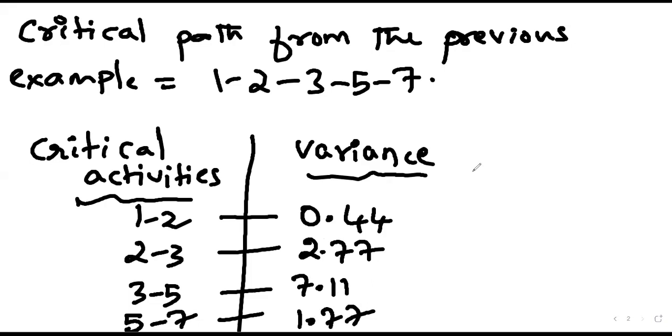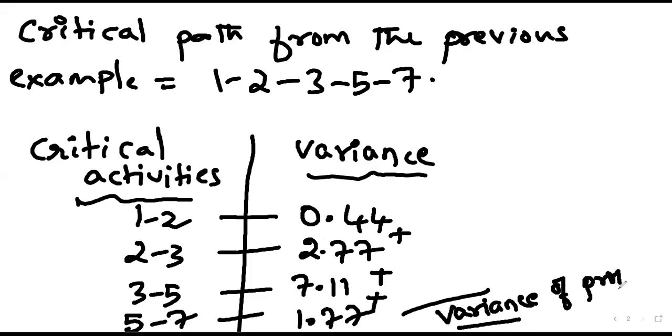So just sum up all of this. Whatever the sum total we get, that will be the variance of the project. 12.09. That is the variance of the project.